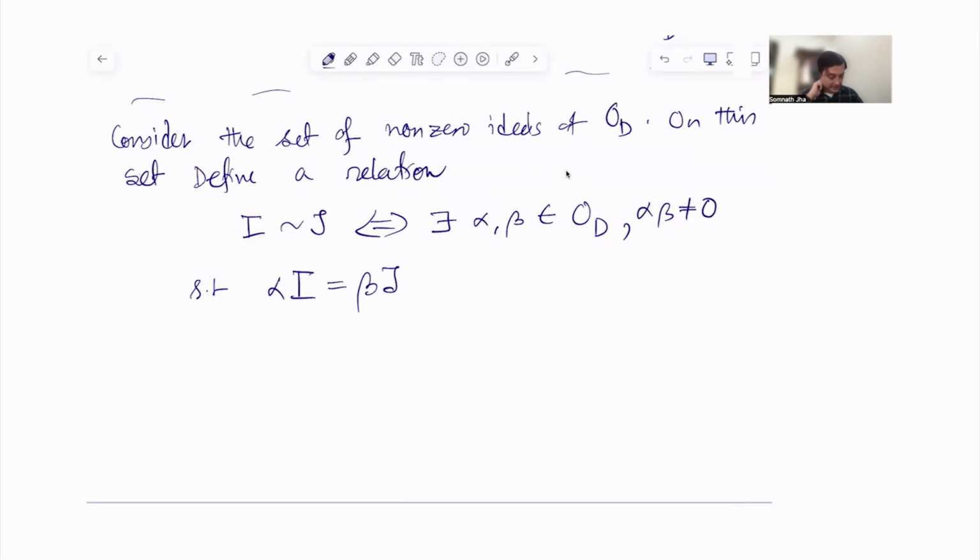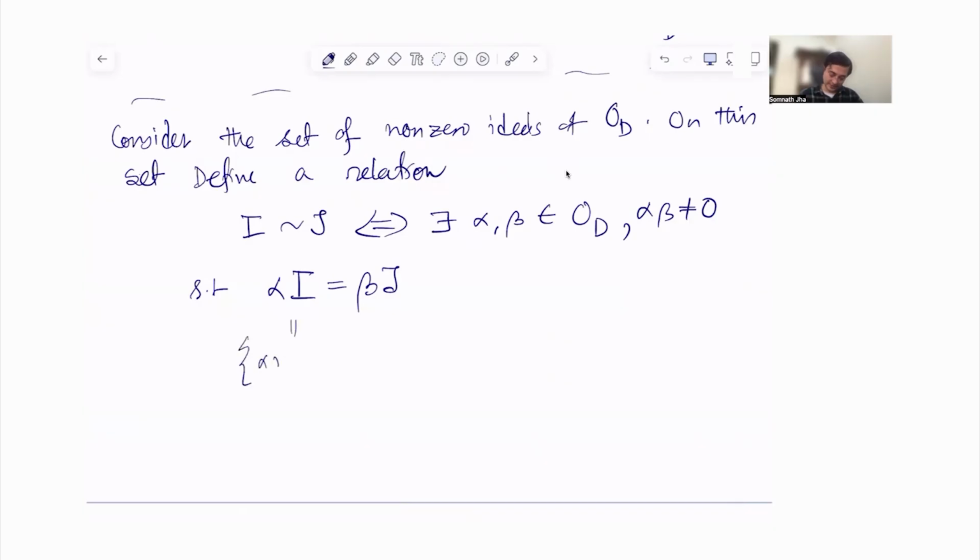So you consider the set of non-zero ideals and you define a relation that I is equivalent to J if and only if there are two elements alpha and beta in O_D, alpha not equal to 0, beta not equal to 0, such that alpha times I equals beta times J. So what is this?